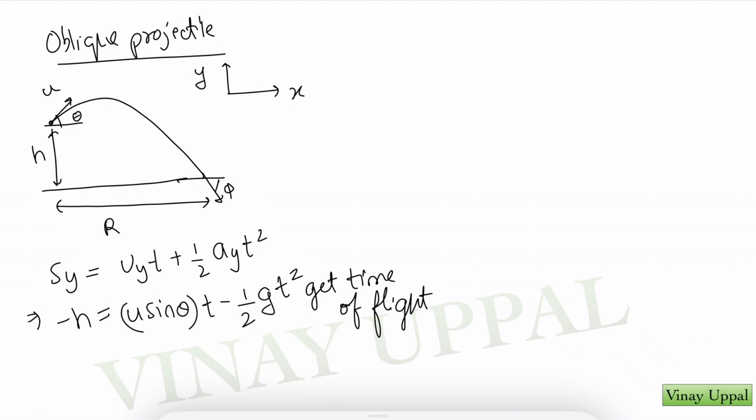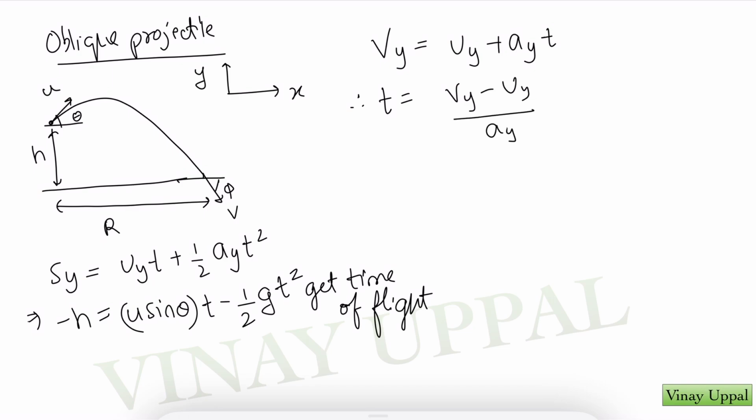However, let me show you a faster method where you don't actually have to solve this quadratic equation anymore. See, if I denote this velocity by v, I know vy is equal to uy plus ay t, and therefore I can write my time of flight as vy minus uy divided by ay. So what is vy? We know vy using the third equation.